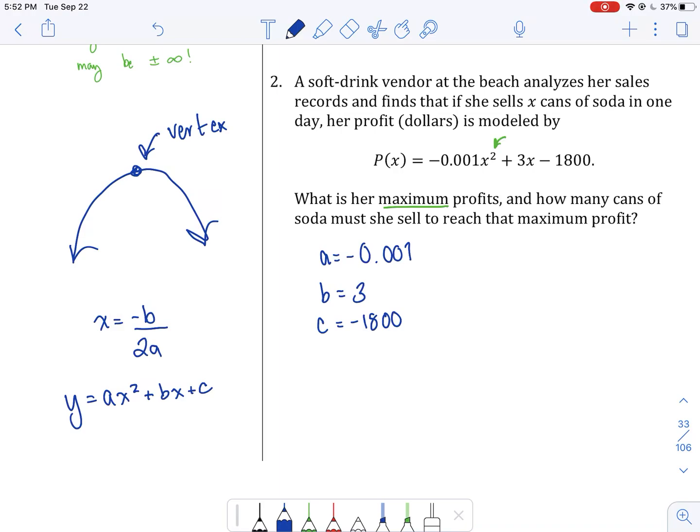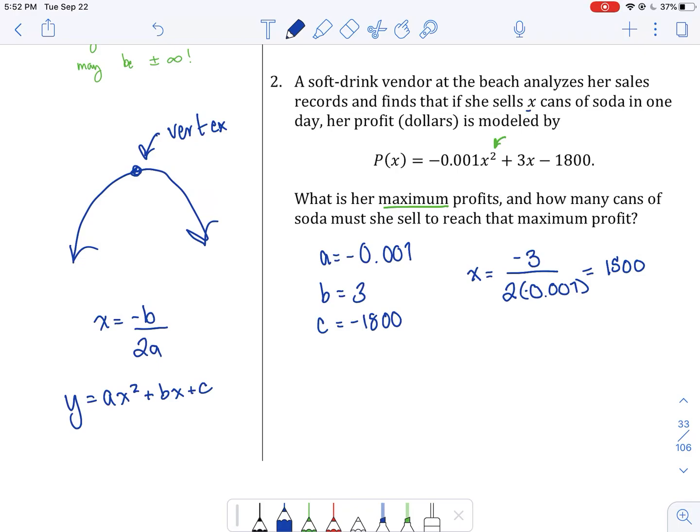Now, when I plug that into my formula here, I then get that the x value at the maximum is negative 3 over 2 times negative 0.001. Now, you can do this by hand by moving the decimal point if you like, but you will also end up with 1500 as your answer.